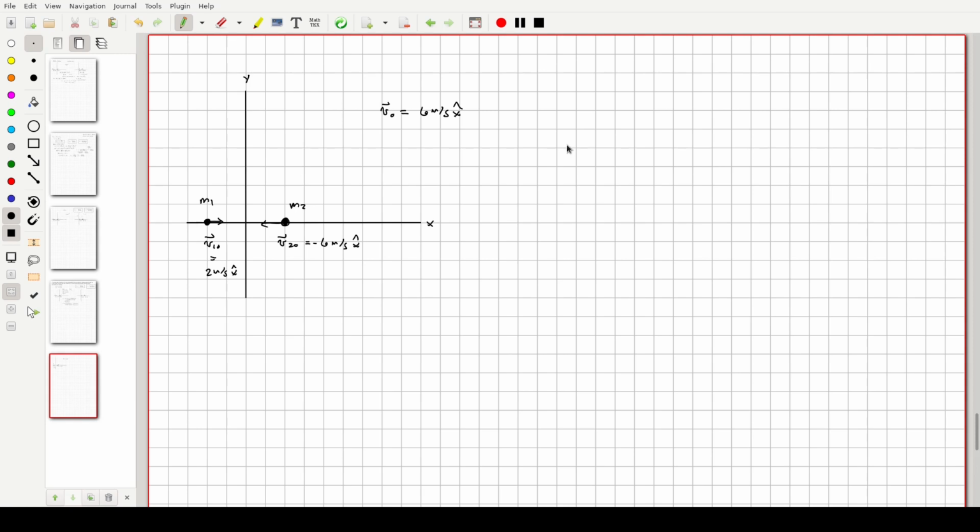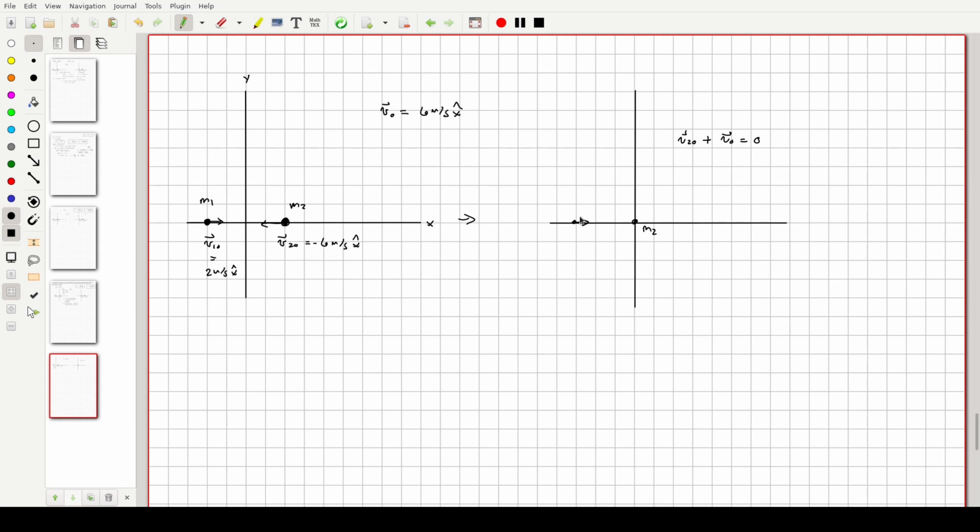Now, that doesn't affect the problem as worked, okay? Because if you were to add this to both sides, that would turn this into a problem that looks like M2 being at rest, because V2 naught plus V naught is 0 in this case. 6 plus minus 6.